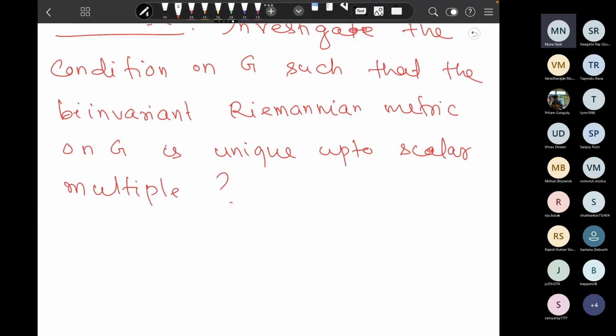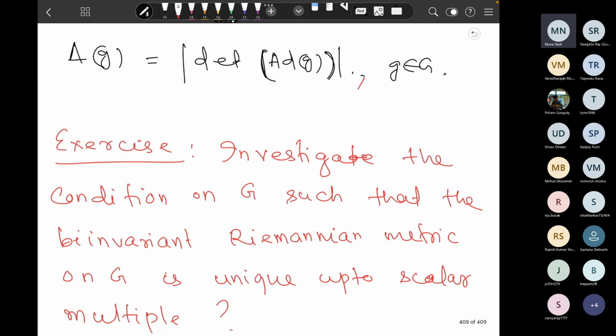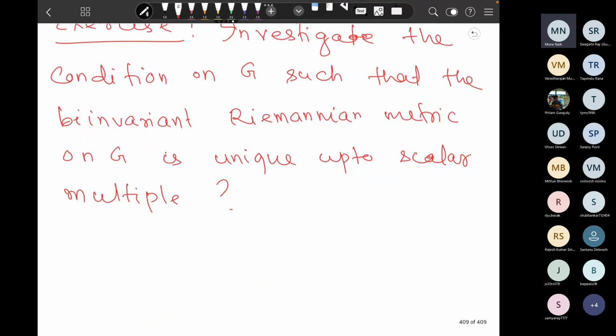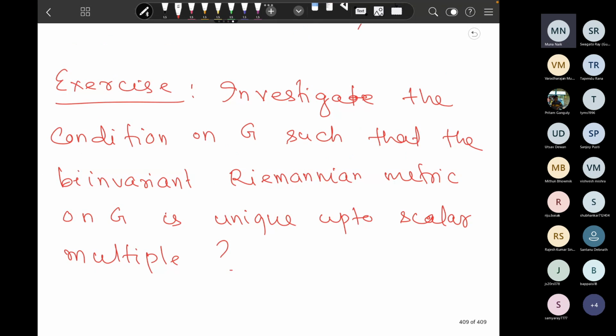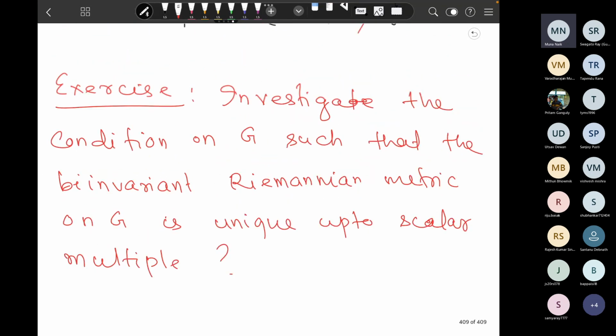So in this case you can get some uniqueness. The hint is something like your Schur's lemma, and you have to just think about it.